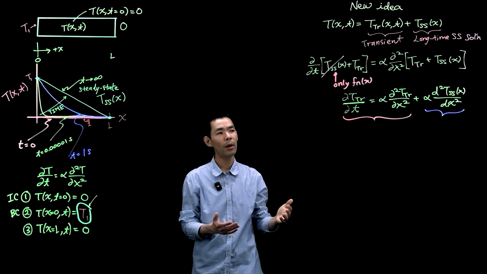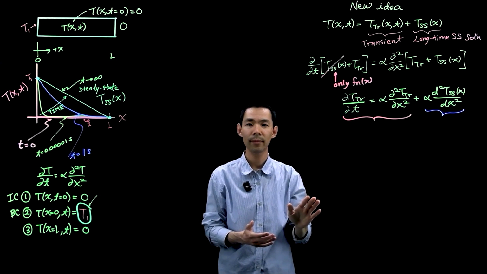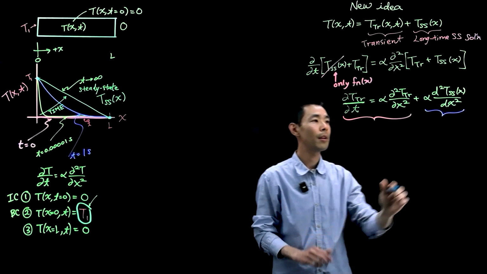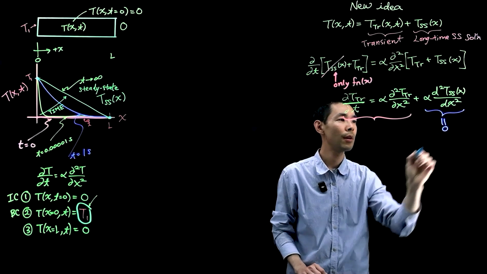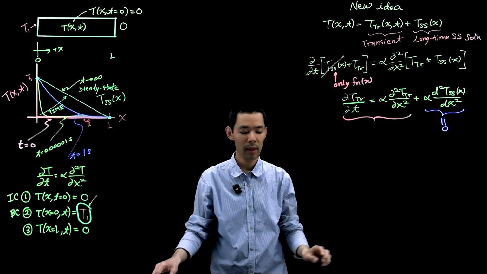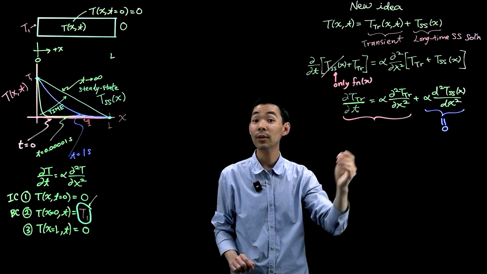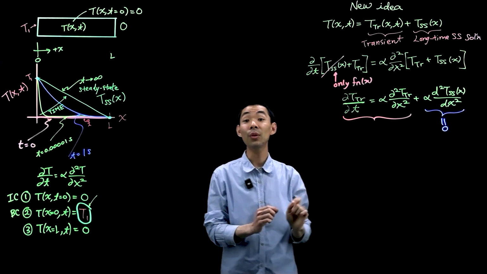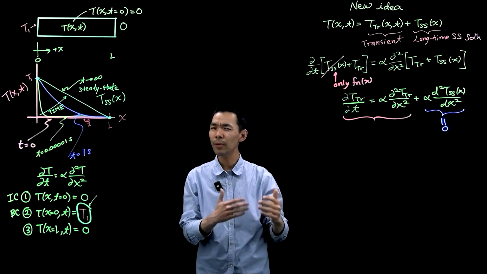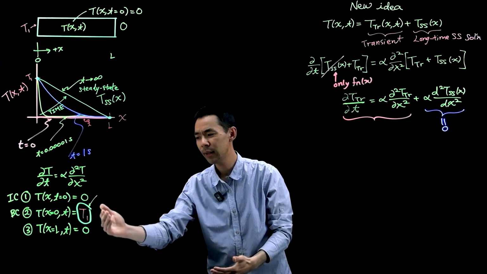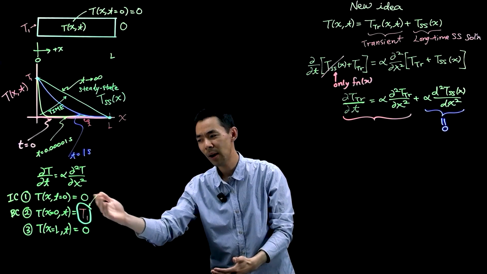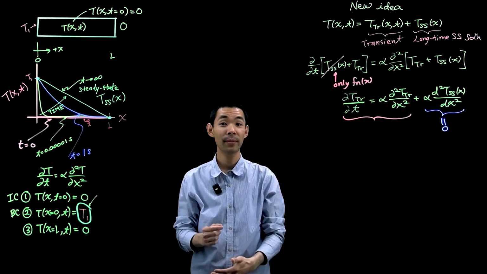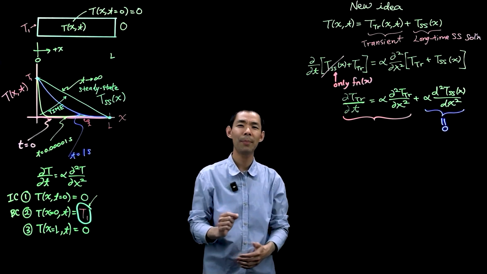So here's another idea. What if this part were equal to 0 and this part recovers our original heat equation? If that is true, we may be able to somehow get rid of this boundary condition that caused problems. So let's see what happens.